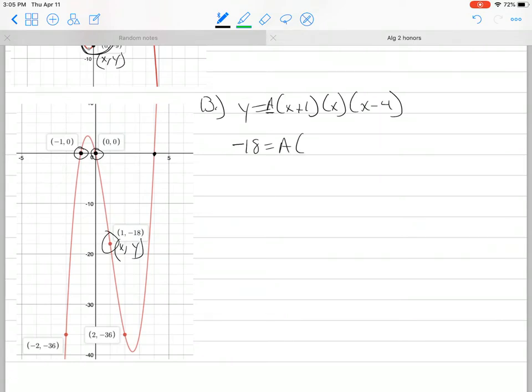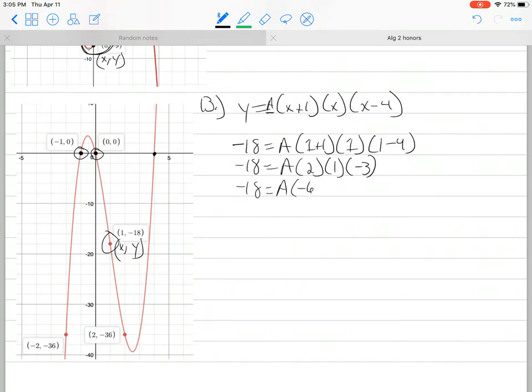You have a times 1 plus 1, 1, 1 minus 4. Negative 18 equals 2 times 1 times what's this? Negative 3, right? So we have negative 18 equals a times 2 times 1 is 2, and 2 times negative 3 is negative 6.